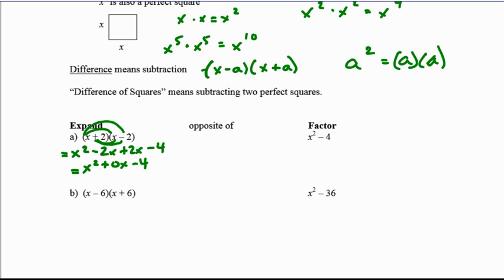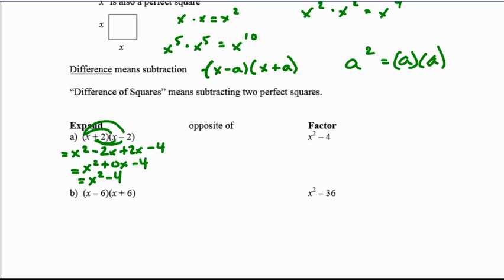Well, of course, 0x, we don't write that, so it disappears. And now what you have is a binomial. But it really is a trinomial like we saw in our FOILs, but it happens to be a 0, so it ends up canceling out. So you really have to look for these. These are going to happen, all right?